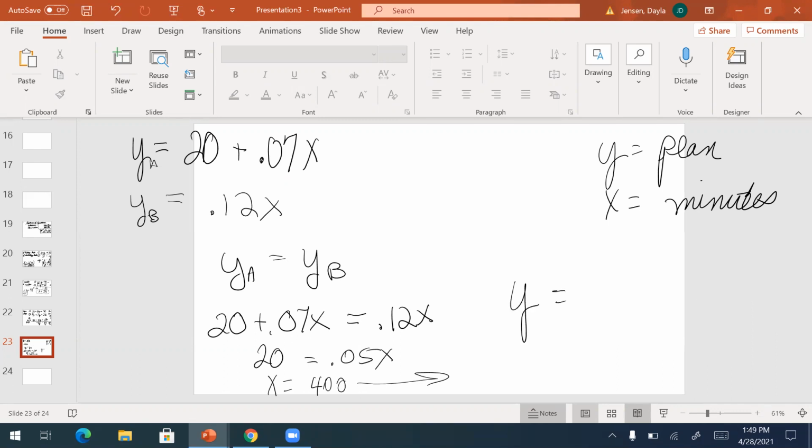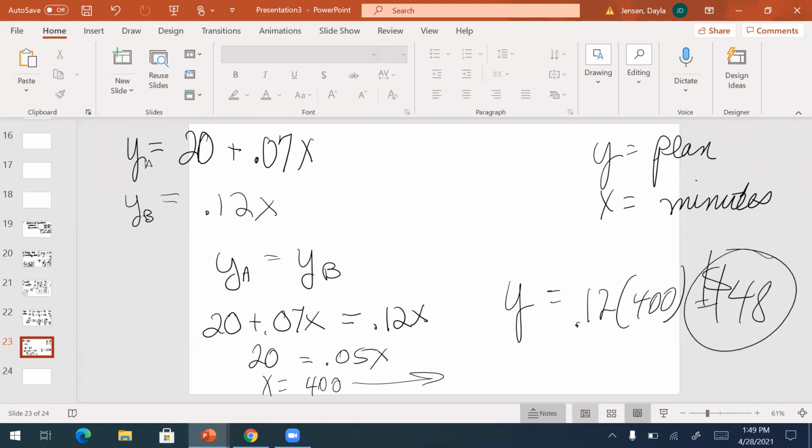I could put that 400 into either equation and come up with 0.12 times 400, $48. I could check it with the other one, 0.07 times 400 plus 20 is $48. So at 400 minutes, they're going to have the same price. It's $48.